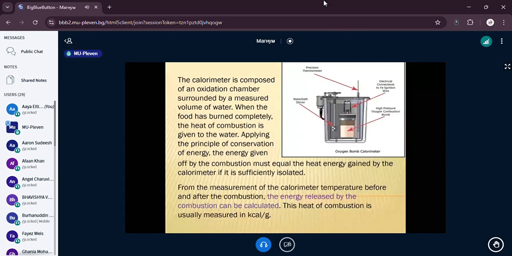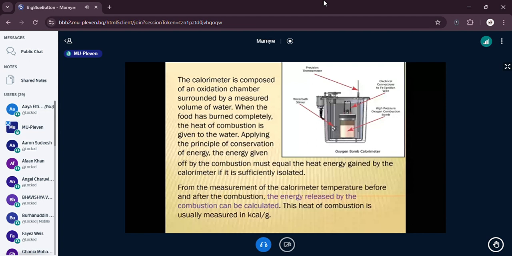There is a chamber in which food is placed, and that chamber is surrounded by water, and there is a way of measuring the temperature of the water. So if those walls are completely isolated, no change in energy can occur outside the body of the device.